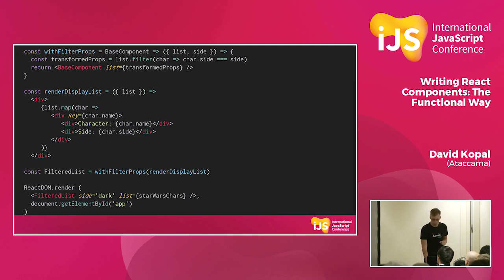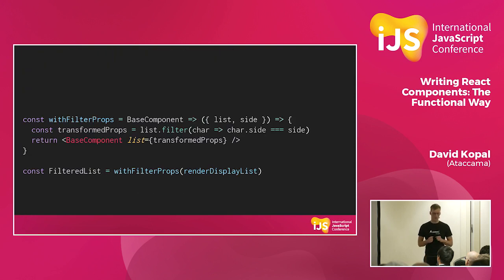If we take a closer look at our with filter props component, we can see that it's a higher order function. It takes another function and it returns another function. In this case, in React vocabulary, we call it a higher order component. Just as a higher order function creates a new function, a higher order component creates a new component for us.